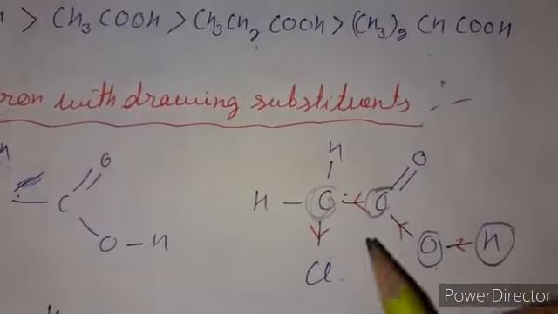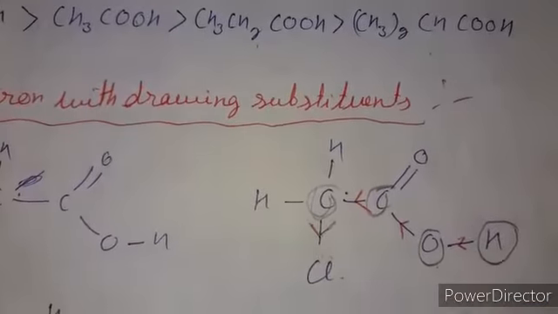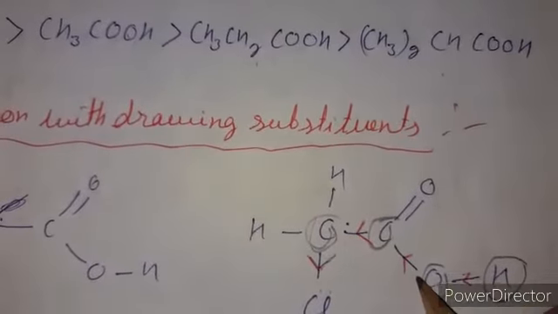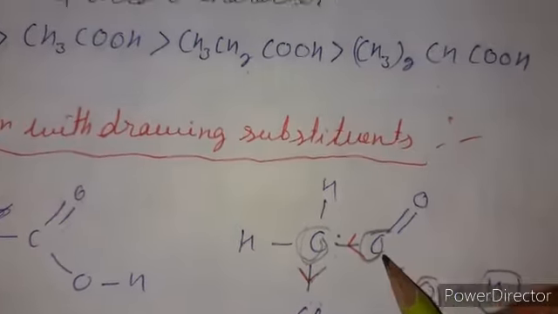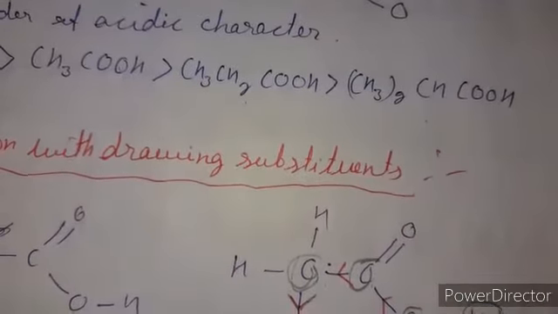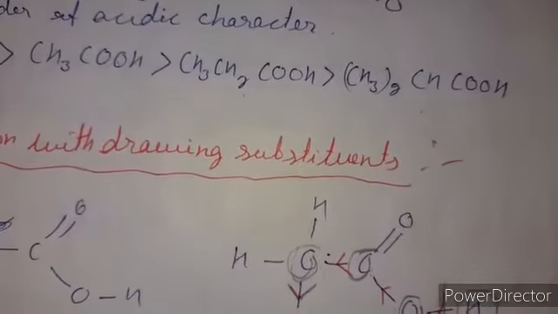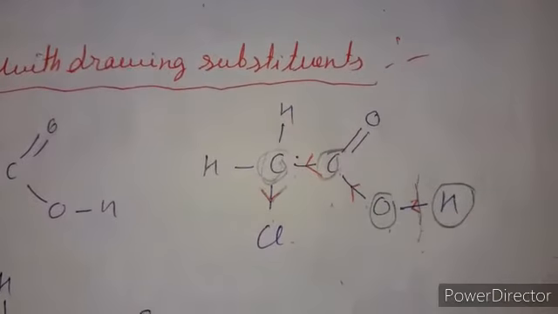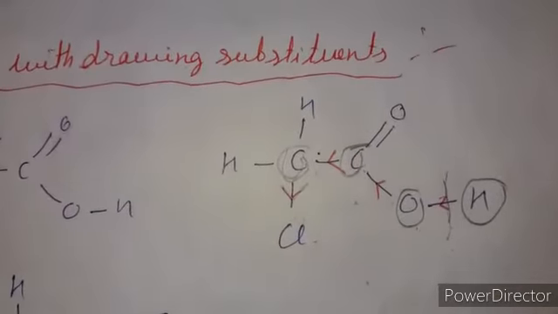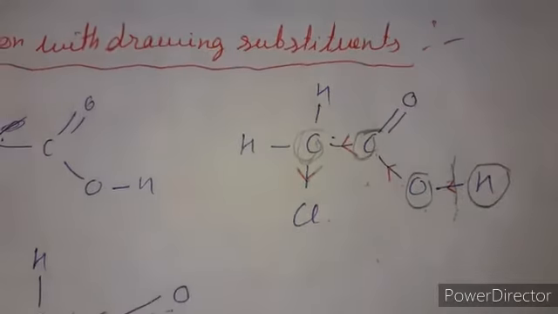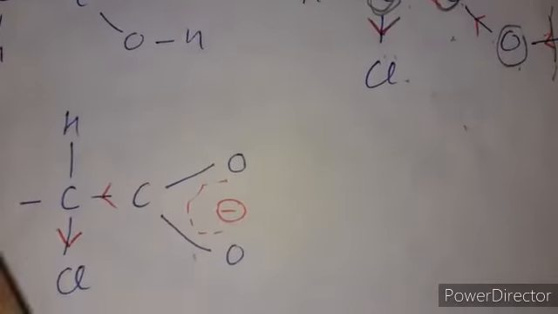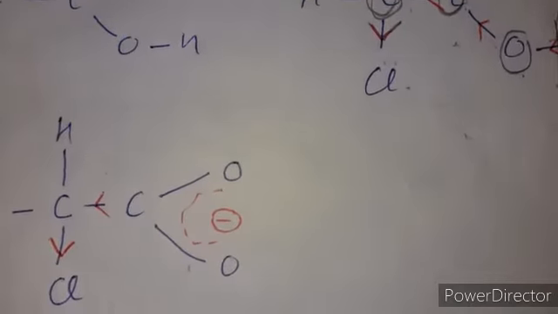So due to the electron withdrawing group attached to the carbon atom which is attached to the carboxyl group, the electron density on the carbon atom decreases and the cleavage of this bond is easy. So the cleavage of the OH bond is very easy in this case. Due to the electron withdrawing group, the acidic character of carboxylic acid increases. Similarly, the stability of the carboxylate ion, and also its acidic strength, increases.